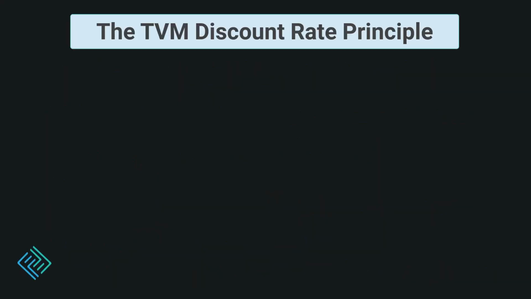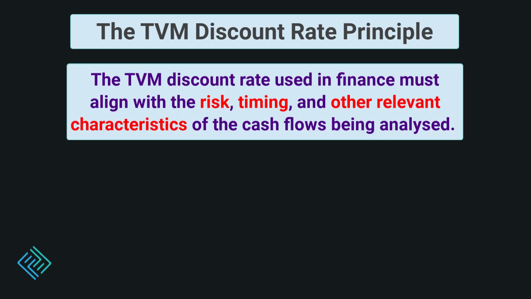That principle can be summarized as follows. The TVM discount rate that you use in finance must align with the risk, timing, and other relevant characteristics of the cash flows that are being analyzed.